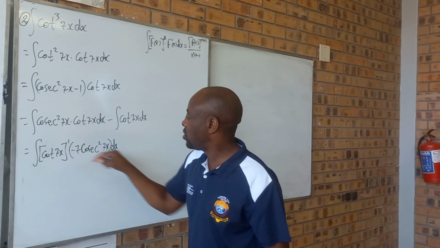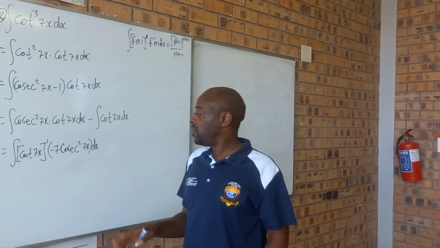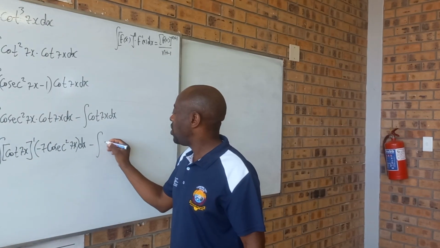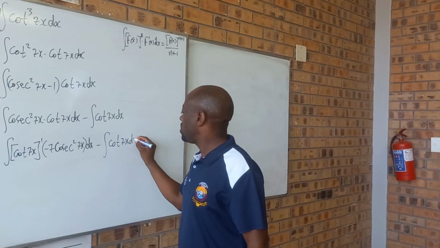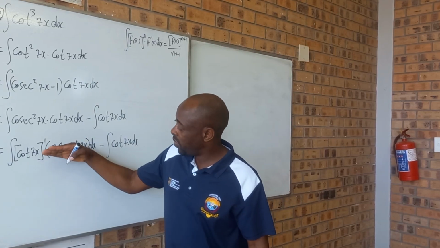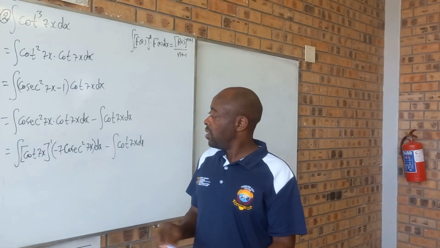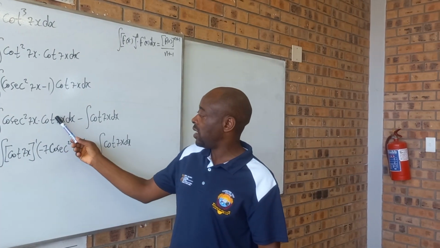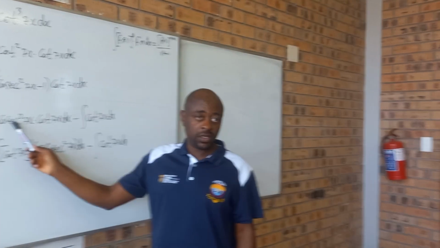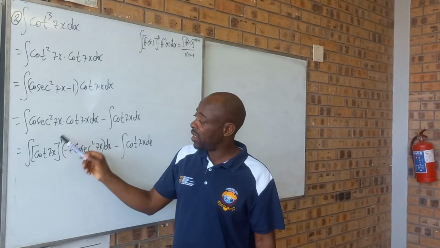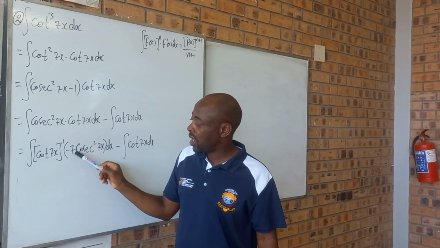You see, I've now introduced a bracket because of the negative so that it doesn't change my problem. Then, to make sure that your U substitution is complete here, you must compare what is written here to the original problem to see if they are still the same. So if I compare, I see my cot exists, cosec squared exists, but this negative 7 does not exist in the original. So I need a number outside to take care of the negative 7.